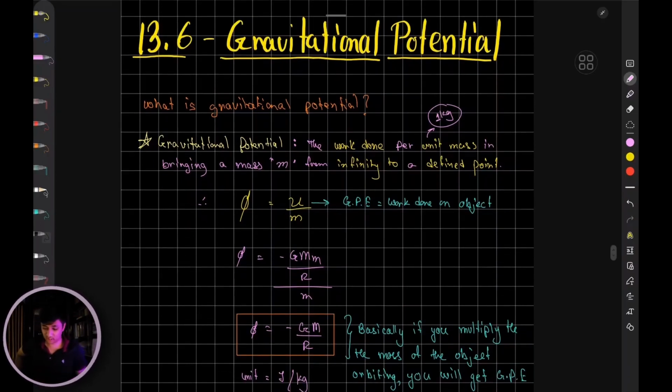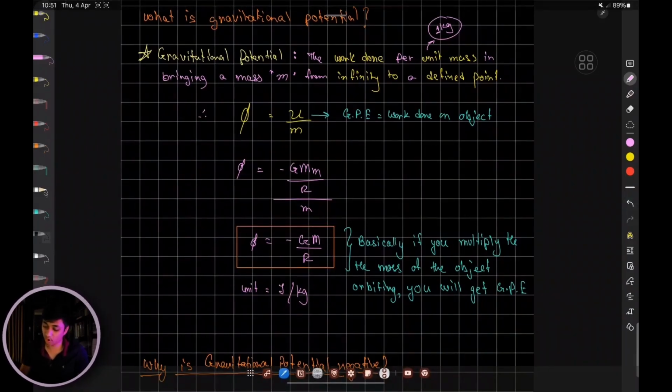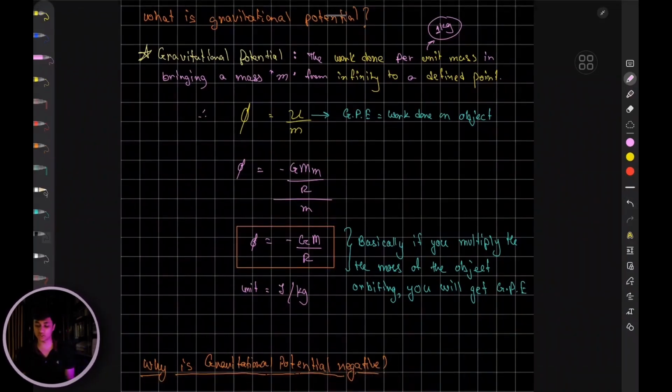So in case of gravitational potential, since we're talking about 1 kg of mass, we're going to divide the gravitational potential energy, that is GMm by r, by the mass of the object, and you're going to be left with negative GM by r. That is going to be your formula for gravitational potential.